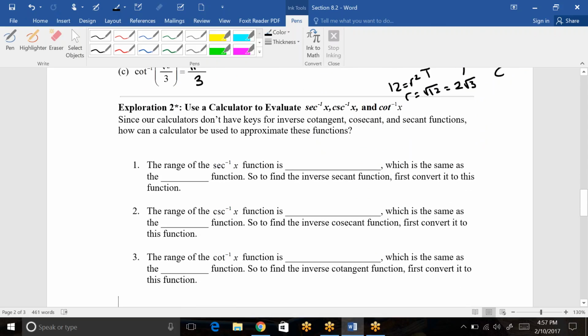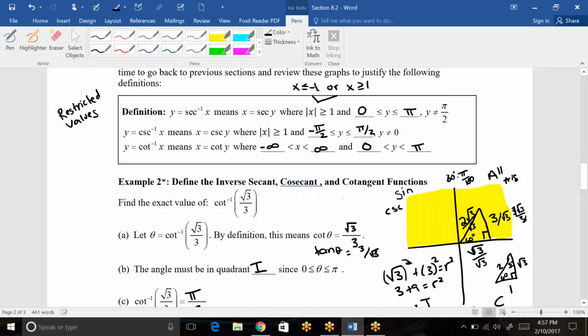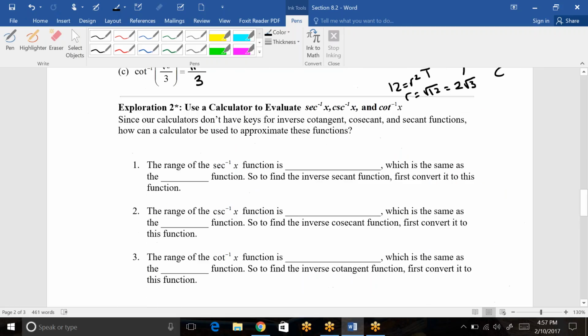Okay, so let's talk through what we've learned about secant inverse, cosecant inverse, and cotangent inverse, or if you want to call them, arcsecant, arccosecant, arccotangent. So look back up at our list. The range of secant was 0 to pi, with y not equal to pi over 2.